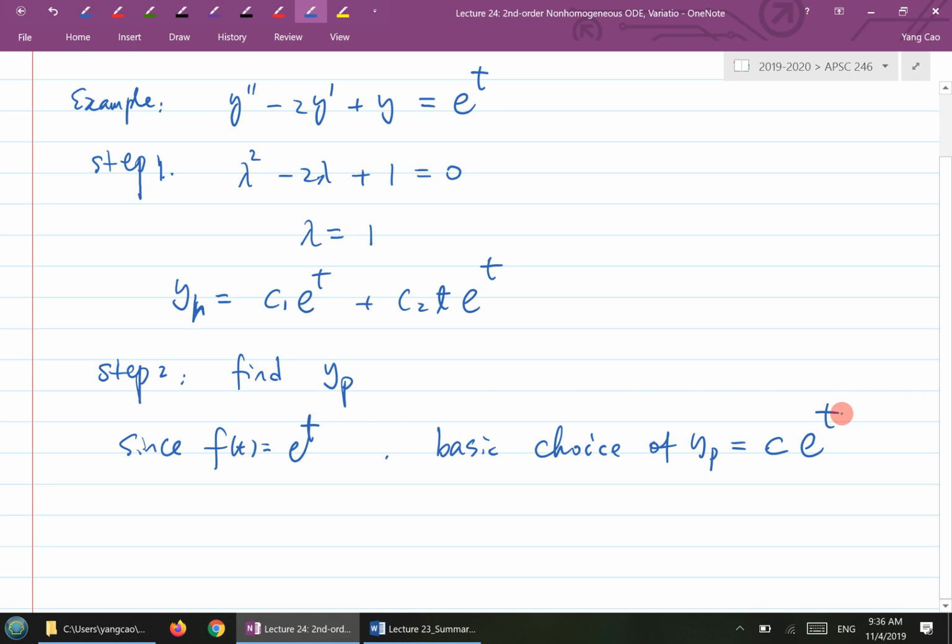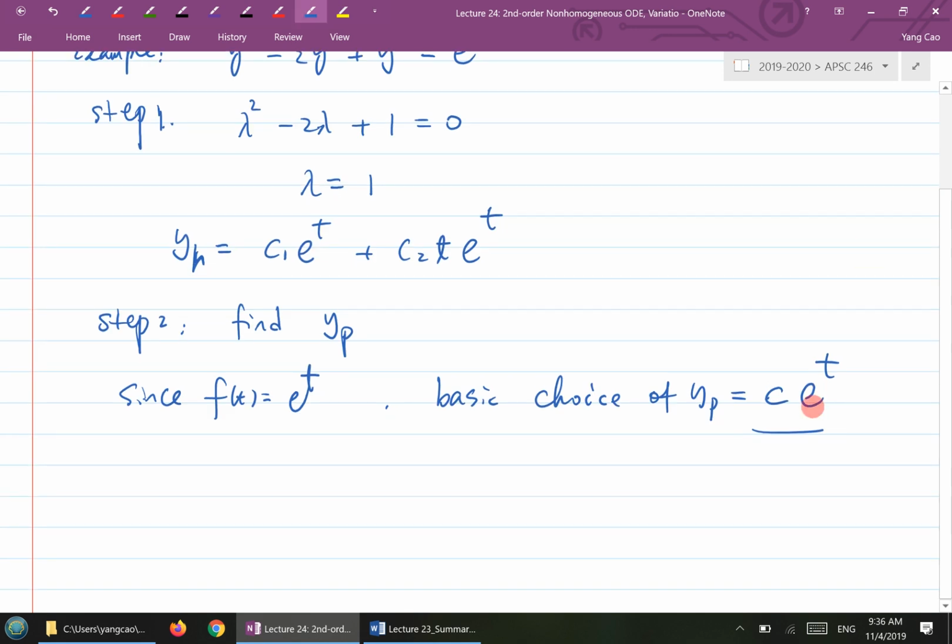So this is where you have to always be careful. You don't actually just stop here, because always bear in mind the rules aside from the basic rule. There's the basic rule, there's also the modification rule, and the summation rule. The summation rule is very distinct from the basic rule, but the modification rule is a rule that you have to be extra careful with. How do we be careful? You have your initial choice c times e to the power of t. You need to compare this initial choice with the basis of YH here.